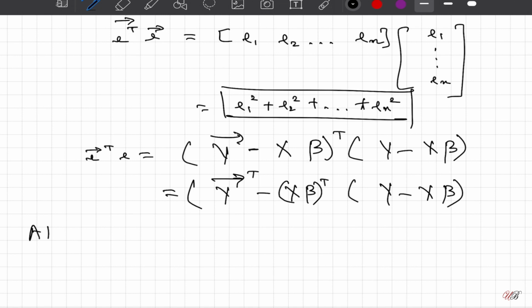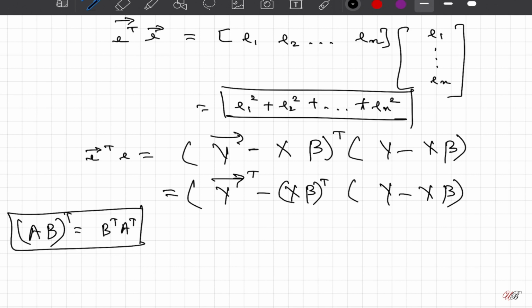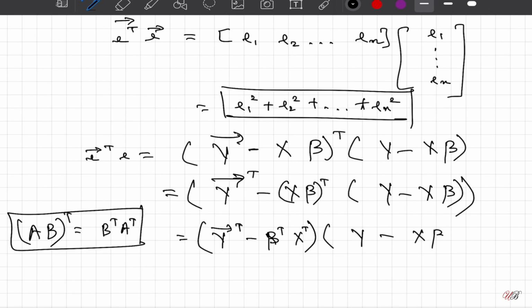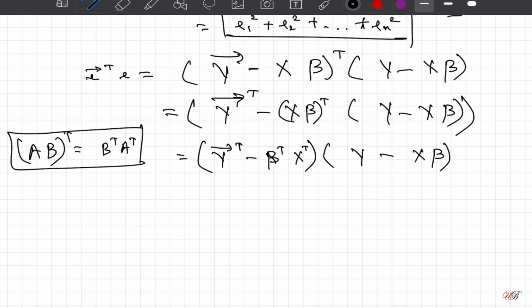If you have a vector a b transpose, this can be written as b transpose a transpose. So we will write this as y transpose minus beta transpose x transpose, multiplied with y minus x beta.